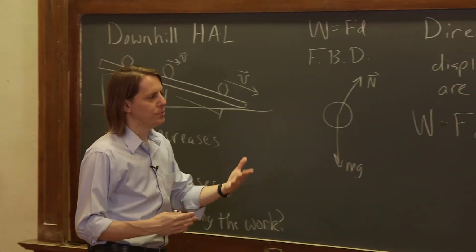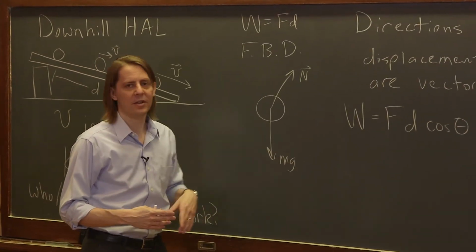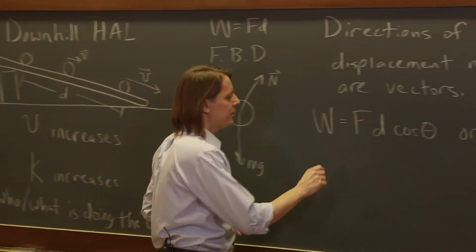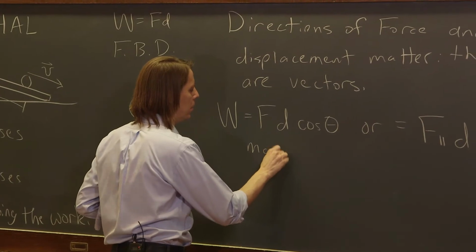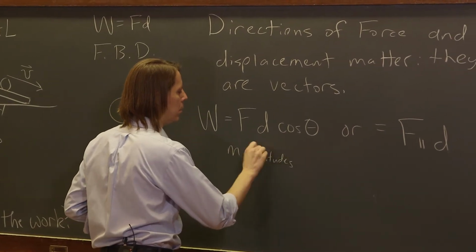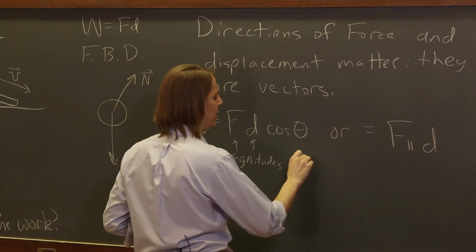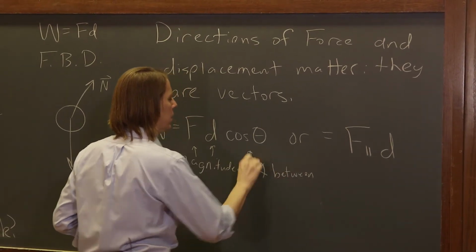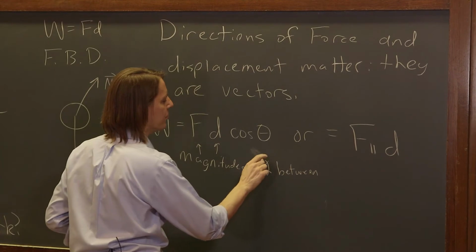If you do a lot of vectors, you'll know those are just the dot products, F dot d. But let's just mathematically stick with this. So these are the magnitudes, and this is the angle between. Oh, no, theta is the angle between, not cosine.